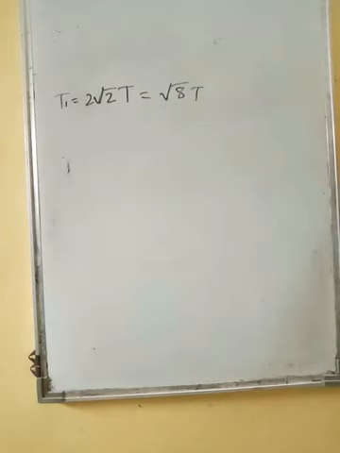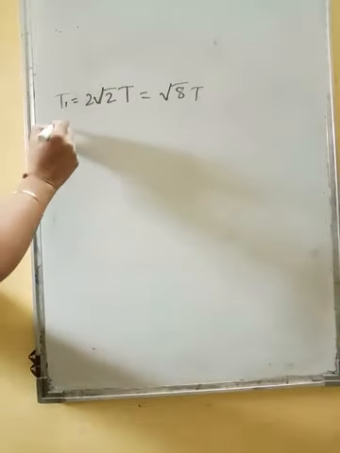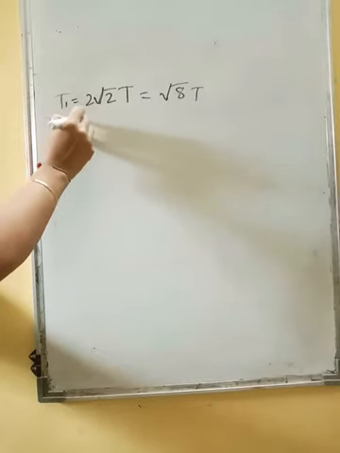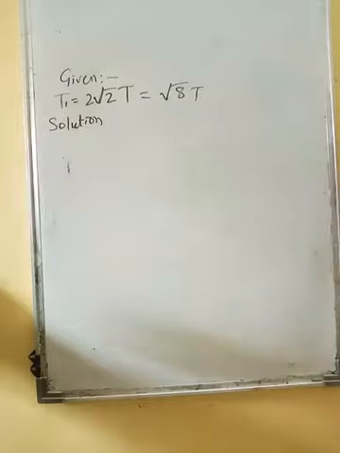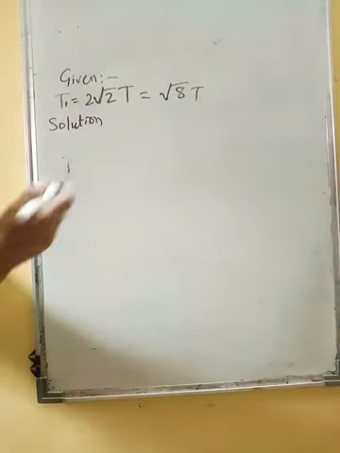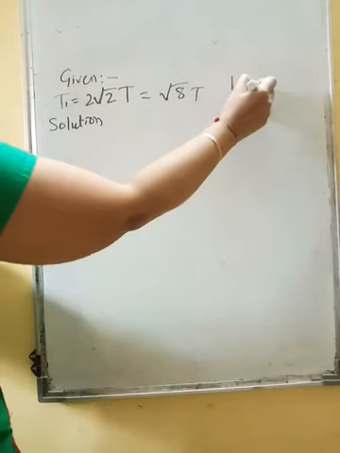Now for the height h1 we have t seconds, right? So what will we have? Solution. This is the given thing. And you have to find out what is h2.